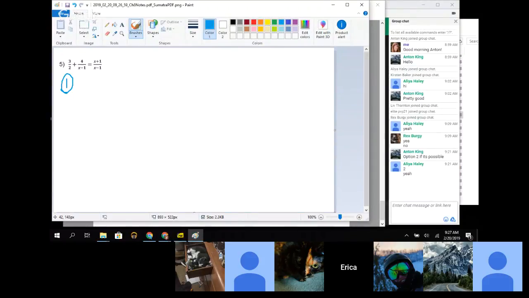Okay. The first one, we're going to find the least common multiple of all our denominators. So in our denominator, we have a 2 and we have an x minus 1. So the least common multiple of 2 and x minus 1 is 2 times x minus 1. So I'm going to take that least common multiple and multiply it by both sides of my equation.